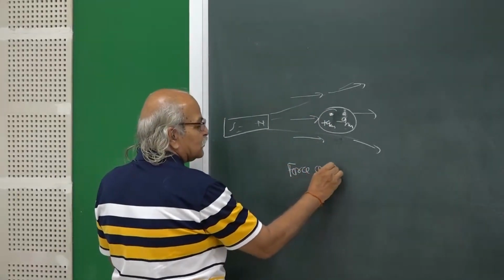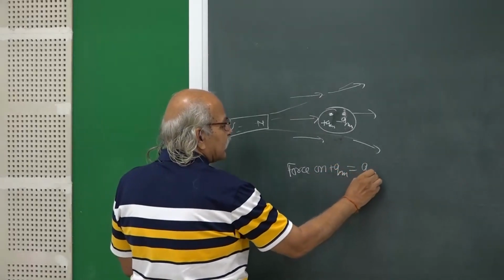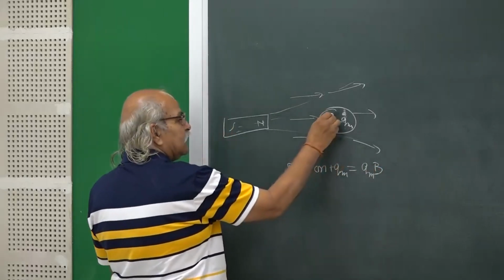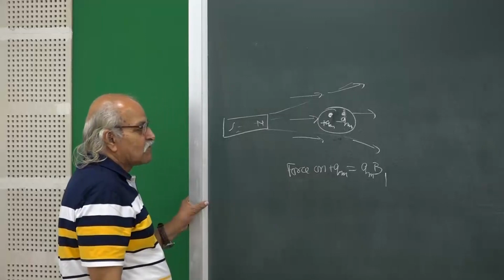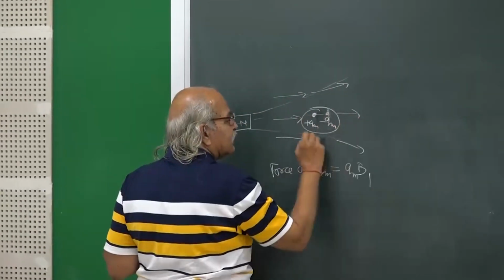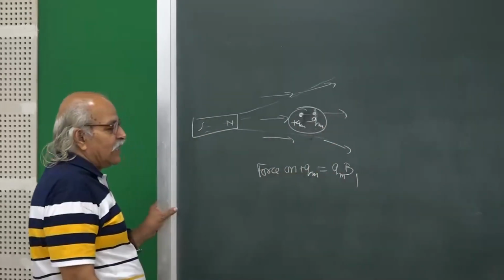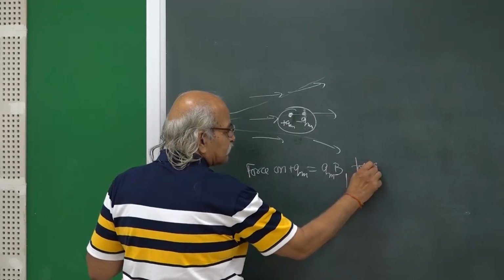It is qm times B. B here at this point, let me call it B1, because the magnet's field is varying, it is getting weaker as you go ahead. Which direction? Towards right in the picture.